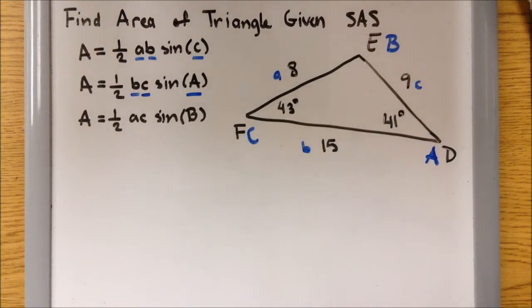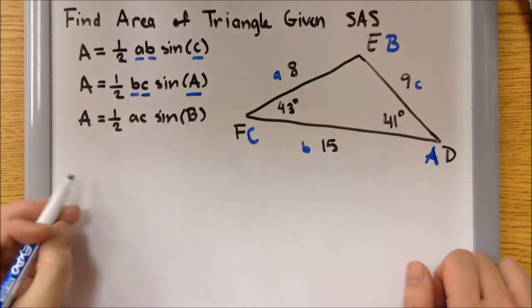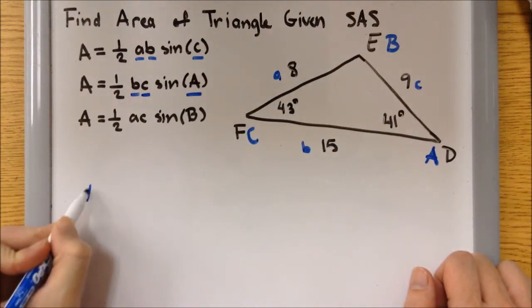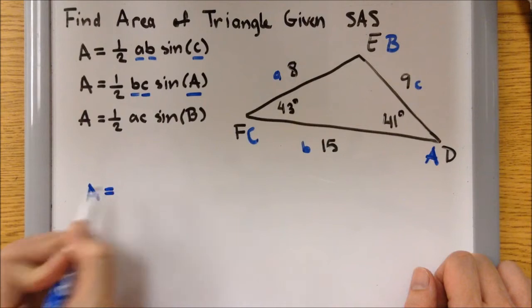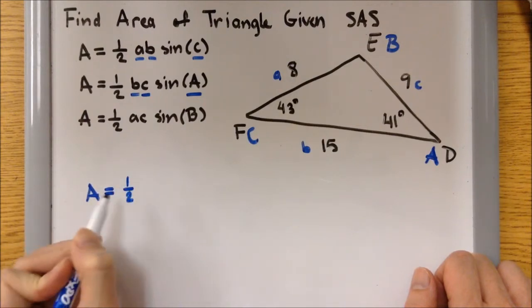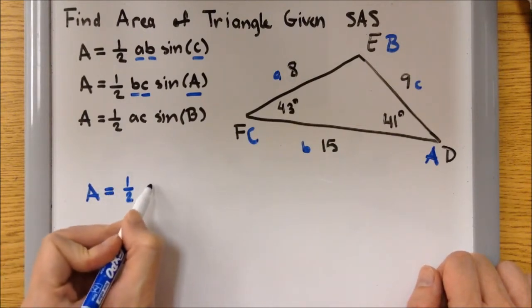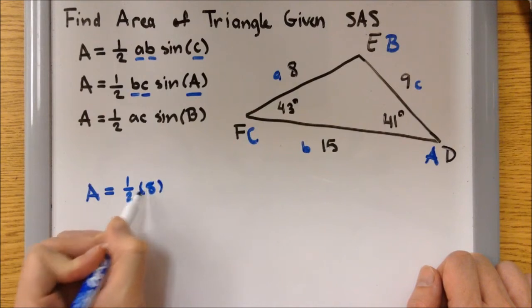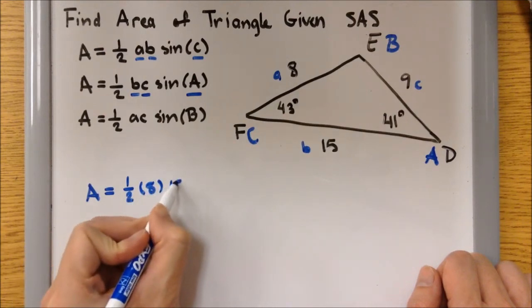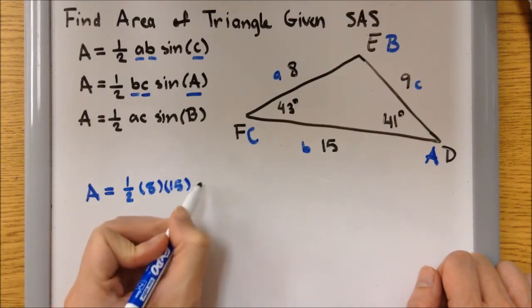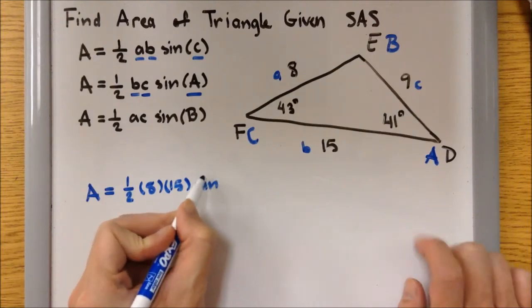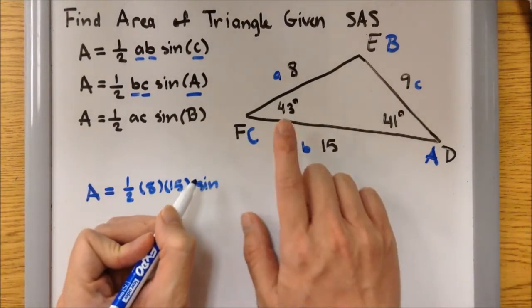Alright, so setting it up, say I'm doing the first one. So 1/2 of a, which is 8, times b, which is 15, times sine of capital C, which is 43 degrees.